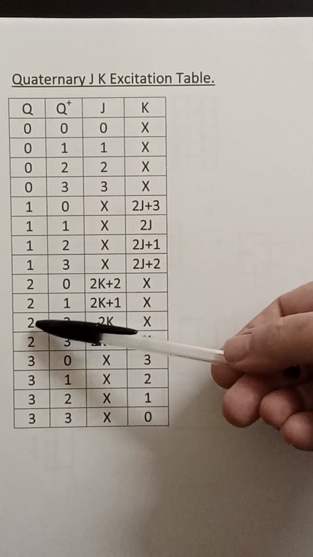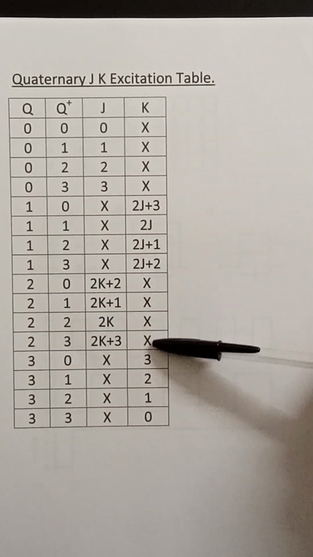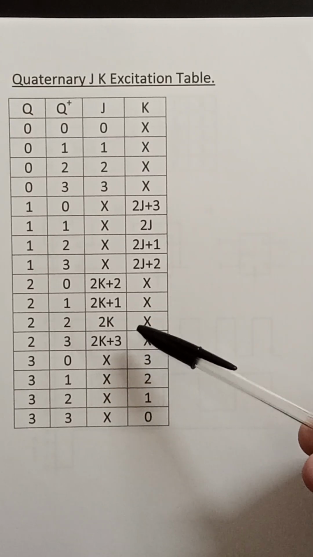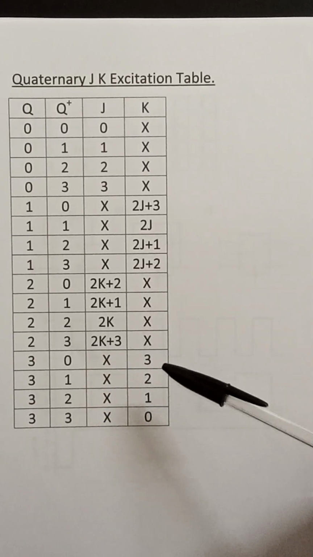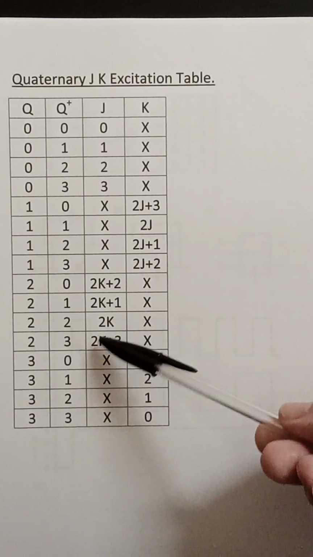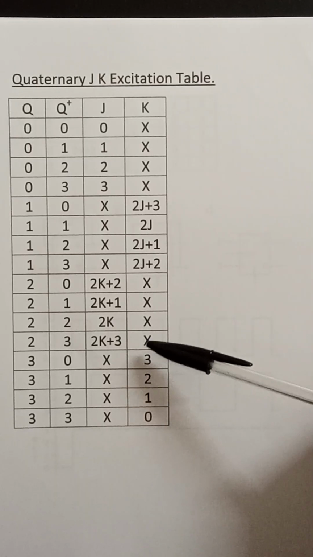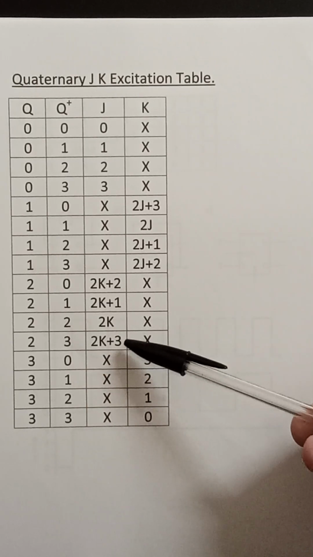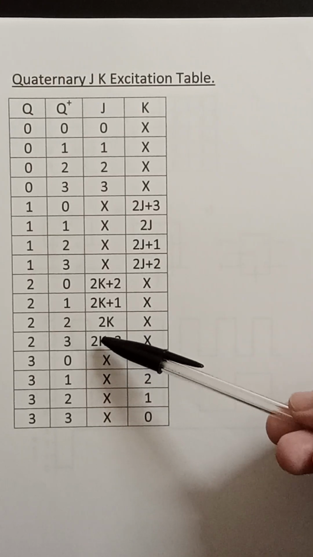Similarly, for Q equals 2, we have this arrangement here. X can assume any value 0, 1, 2 or 3. Whatever value you choose, J is equal to 2K plus 3. For example, this line here. If K was 1, 2 times 1 plus 3 is 5, which is 1 modulo 4.